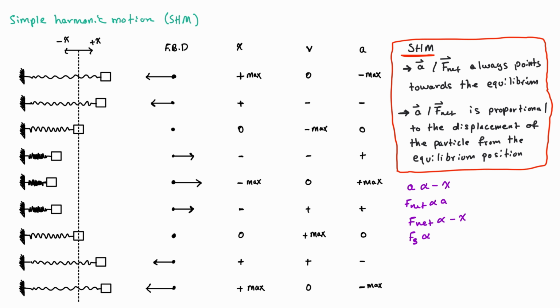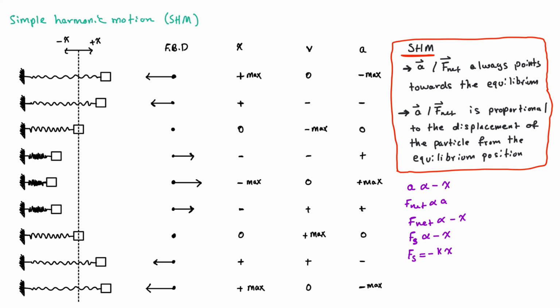So this is going to be proportional to negative x. And if you remember, if something is proportional, it could be expressed as the equation of mx. And this is where we get the negative kx from, where x is the displacement, or deformation really, from the equilibrium position, and k is the spring constant.